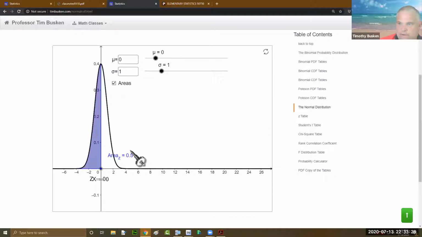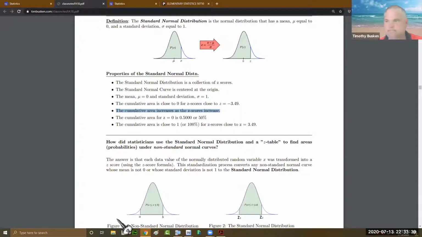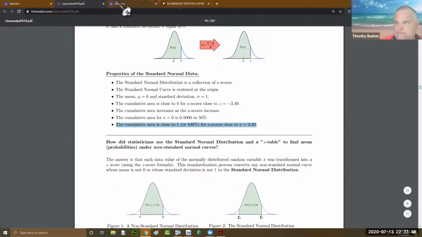And moreover, z equals 0 always corresponds to the mean of x. And finally, the last property: the cumulative area is close to 100% for z-scores close to 3.49 standard deviations.